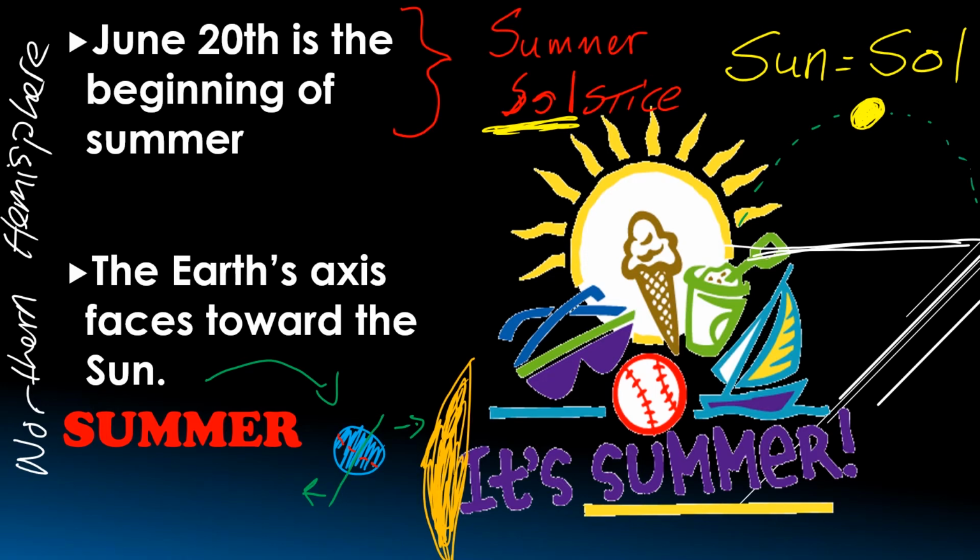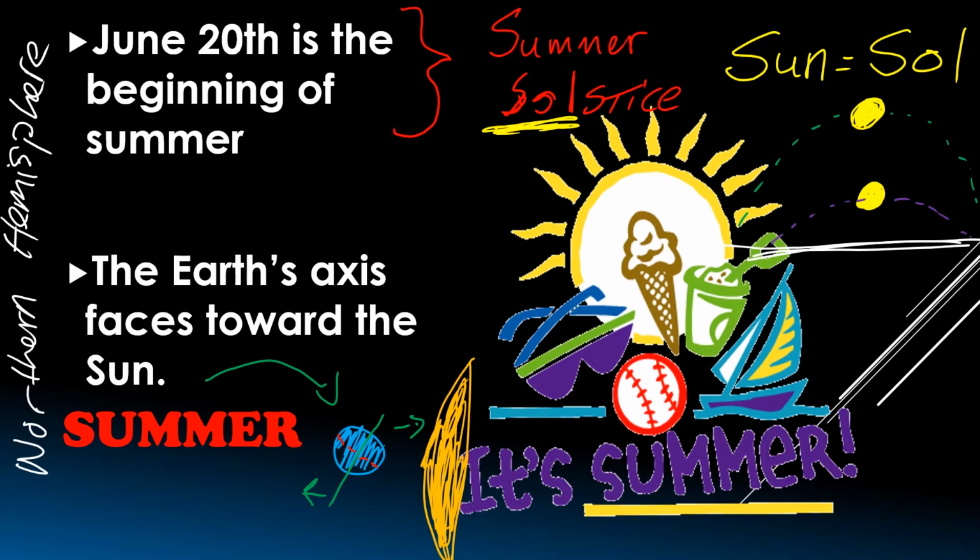We'll talk about it again here in a little bit, but I want to go ahead and explain it. During the winter solstice, which is going to be shorter days, the sun will take a much lower angle through the sky.